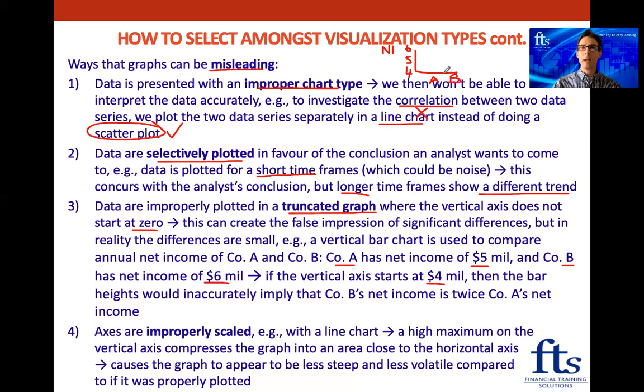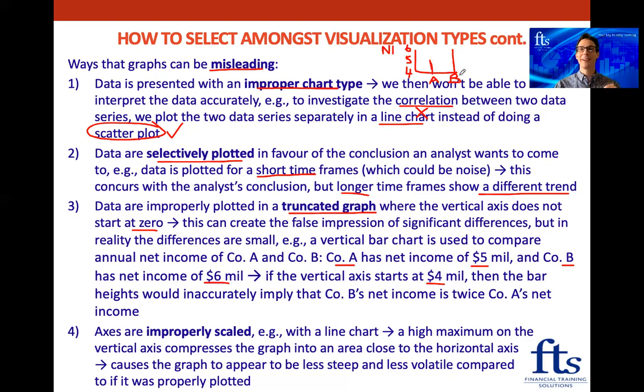So company A, what was company A's net income? 5 million there. And company B's net income, what is their net income? 6 million there. So you see how this graph is being misleading. What this is implying is that company B's net income is twice, because this line is twice as long as this line.